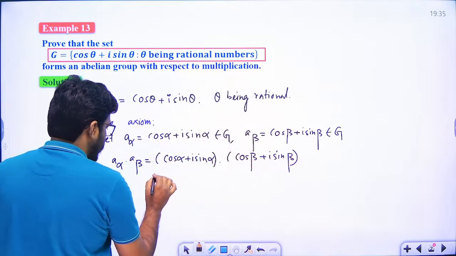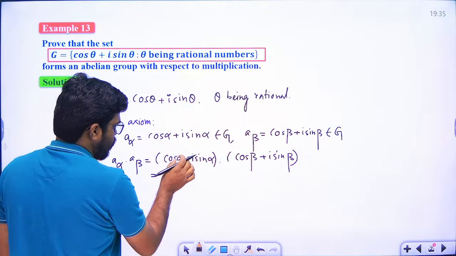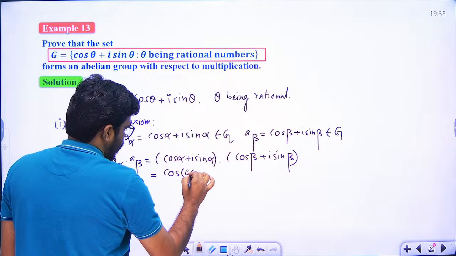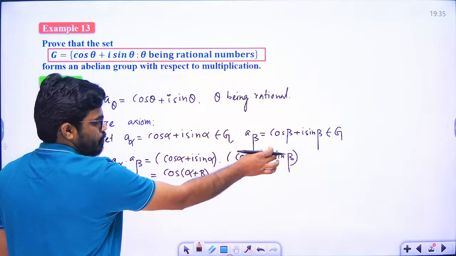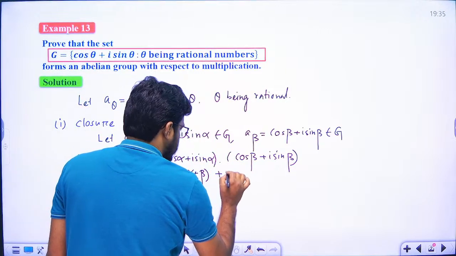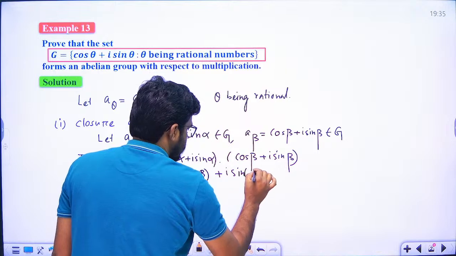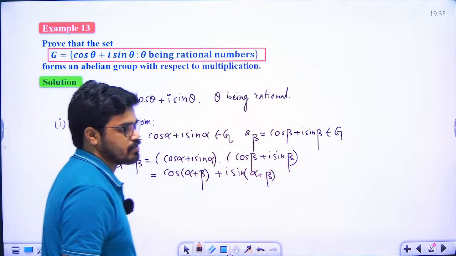If we multiply this, what do we get? Cos alpha plus beta plus i sin alpha plus beta, right?